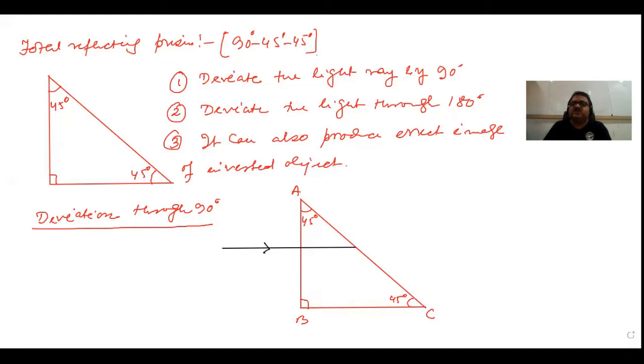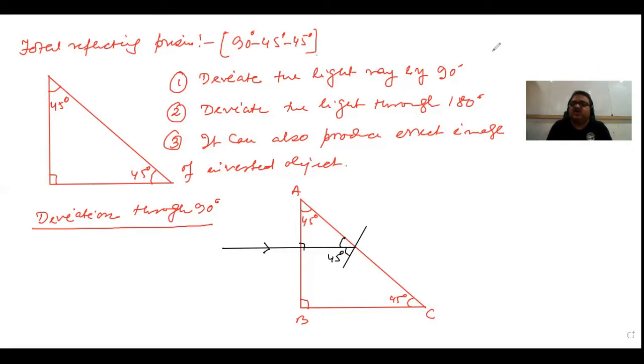As I told you earlier also, please draw a normal first. That is your basic requirement. And mark this angle. Look, this is 90 degrees, this is 45, hence it is 45.